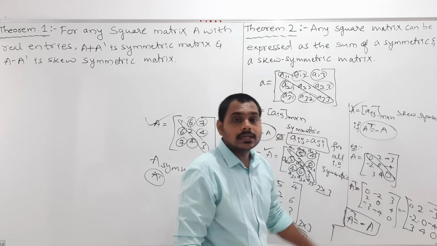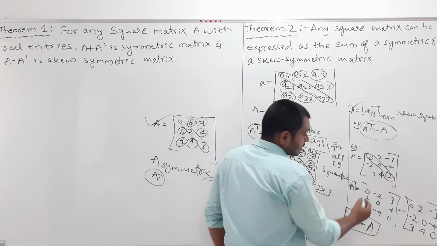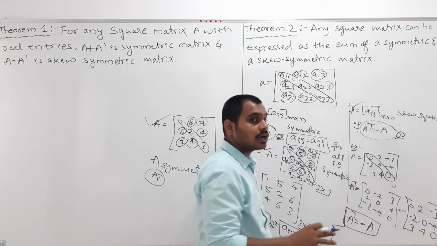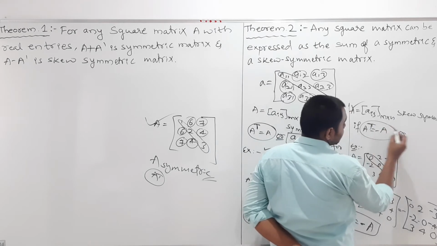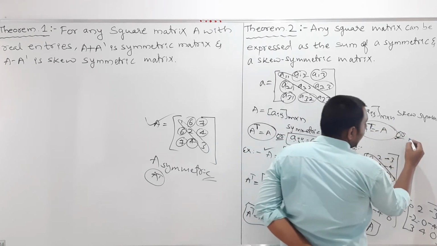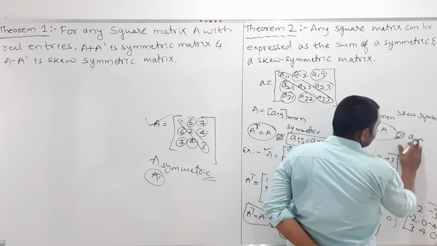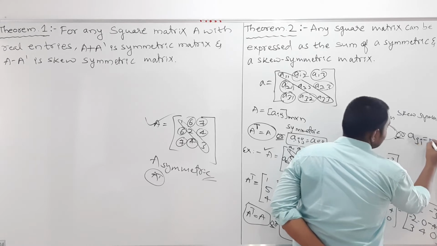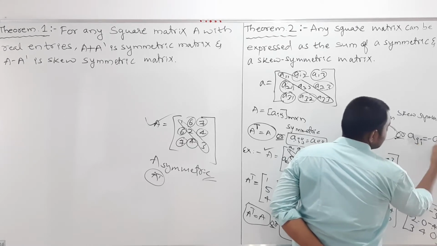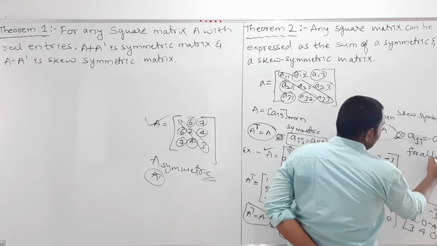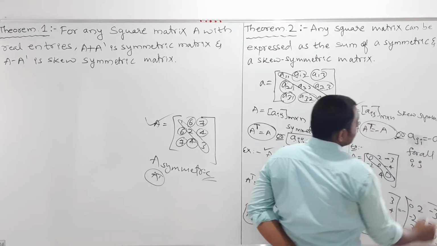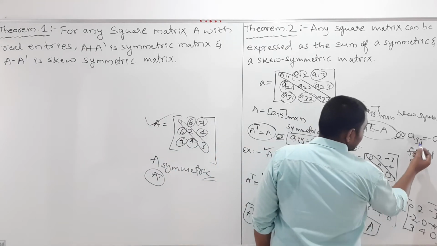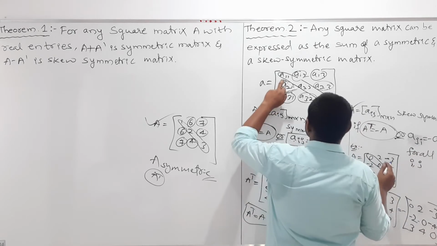Here I took the diagonal elements as 0. Another definition or condition is that a matrix A is said to be skew symmetric if A transpose equals minus A, or a_ji equals minus a_ij for all i, j. Here you can check a11, a12.